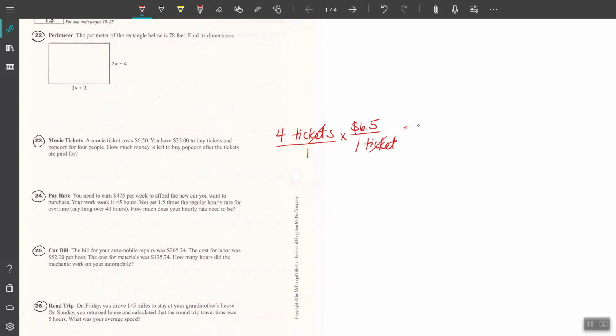You end up with dollars as your label left over, which is what we want, and if you did the multiplication, you get $26. And then you can very simply say $35 minus that $26 is going to leave you with $9 for popcorn, which is what they asked you for. So make sure you actually answer the question.